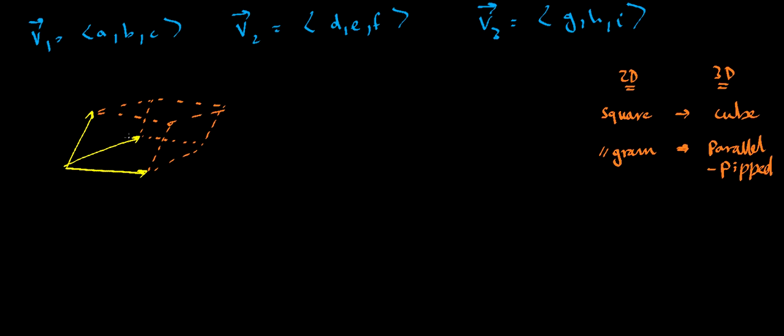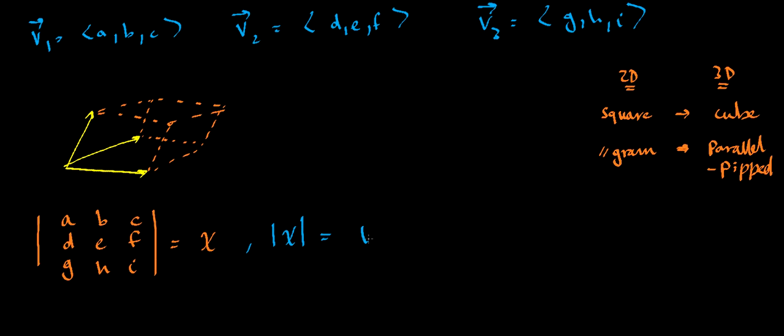Now the determinant of the matrix created by these 3 vectors, a, b, c, d, e, f, g, h, i, is gonna give you a number, let's call it x, and then the absolute value of the number x is gonna be the volume of the parallelepiped.